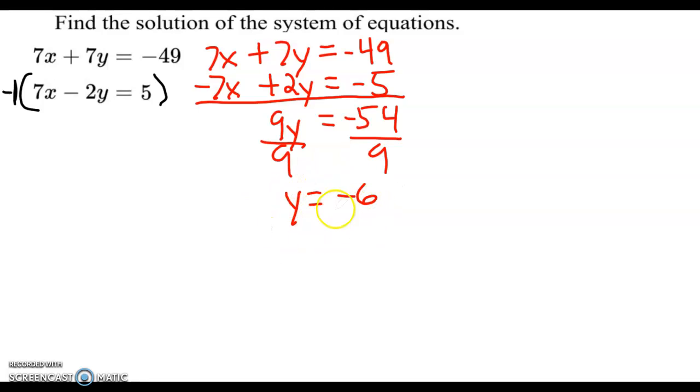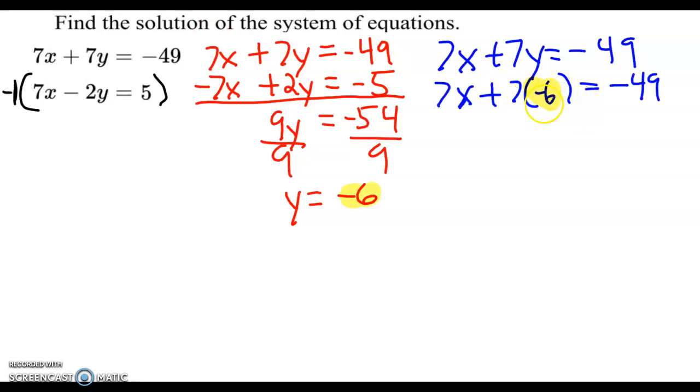Now I'm going to take this negative 6 and plug it in. Okay, so always pick the original equation, not one that you maybe manipulated, but always pick the original equation. So I'm going to go ahead and plug in that negative 6 in for y. Okay, now that this equation is one variable, I can solve it. 7x minus 42 is equal to negative 49.